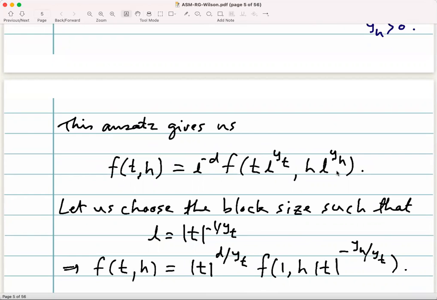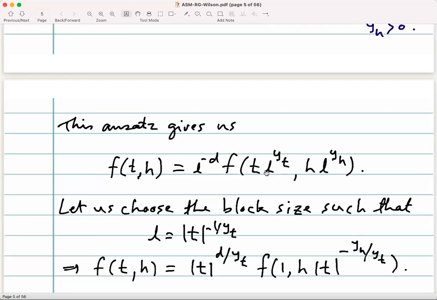Now remember we had talked about functions which are homogeneous of degree d, and they have a particular property under scaling. This is the kind of behavior a homogeneous function of degree d would have, with an L to the minus d popping out if you do a scaling of the variables on which the function depends. We can simplify this.